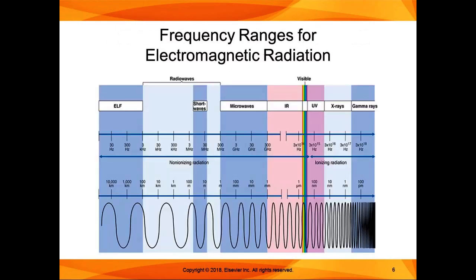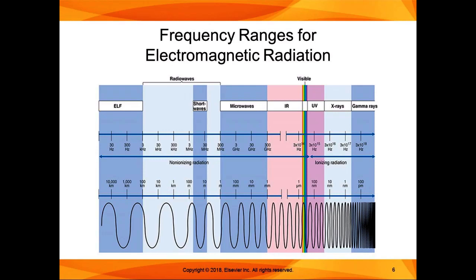So here's basically our electromagnetic field diagram again. Our visible light is that rainbow section. So laser light is included in visible light. The only difference between laser and regular visible light is the coherency, the fact that it's monochromatic, and the fact that it's directional.